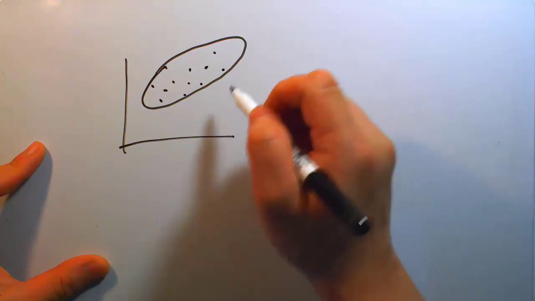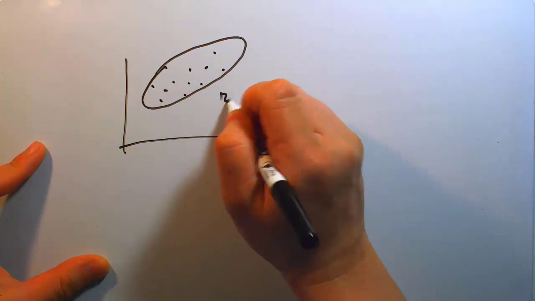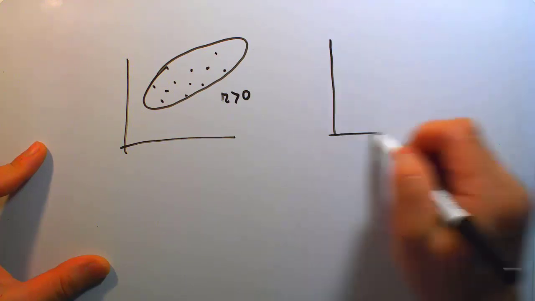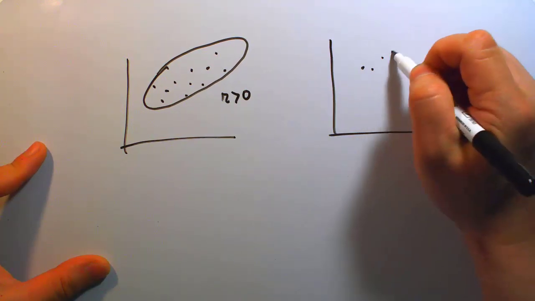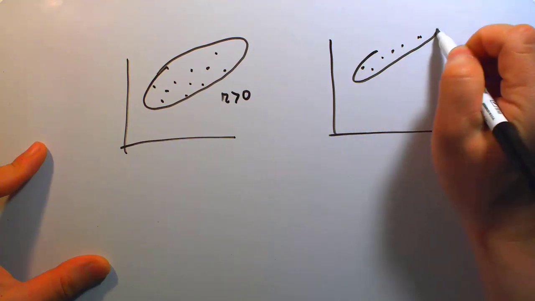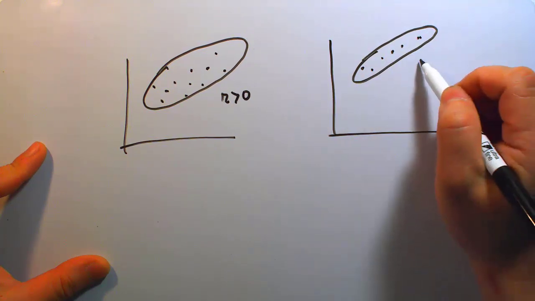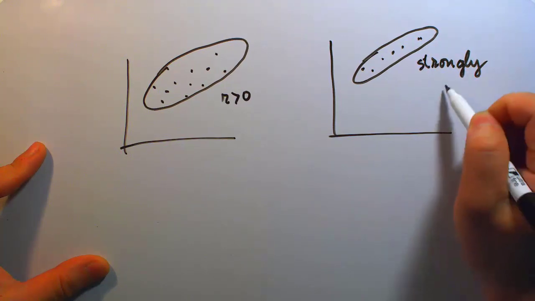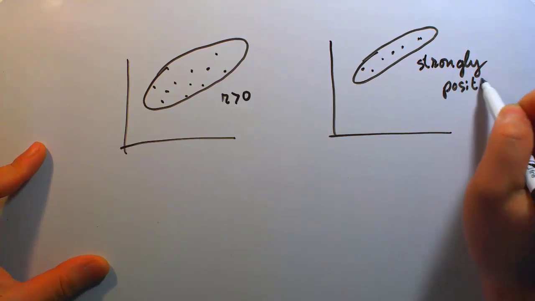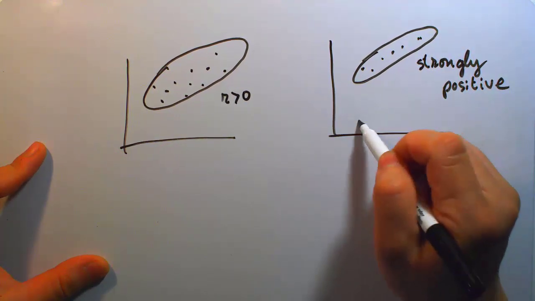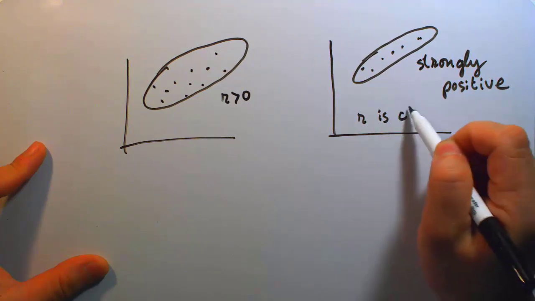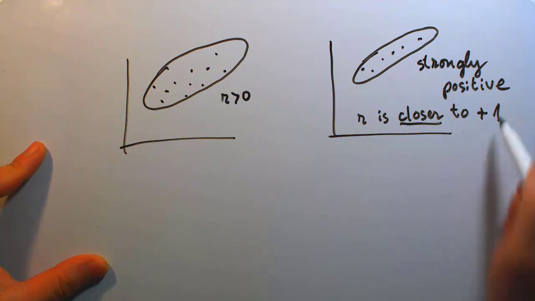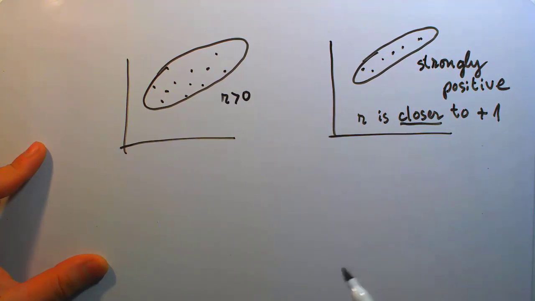This is R greater than 0. And of course, if the data become even more closely lined up, then we refer to this as strongly positive. The value R here is closer to positive 1.